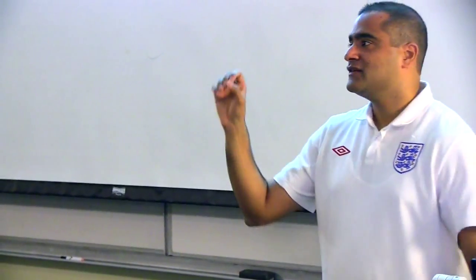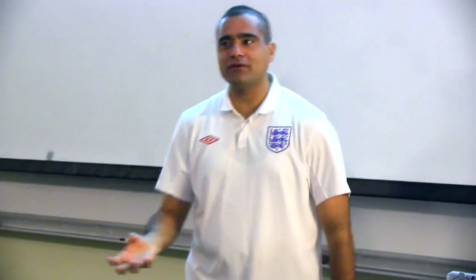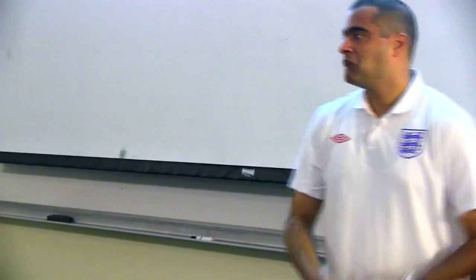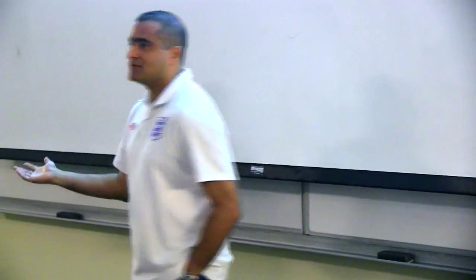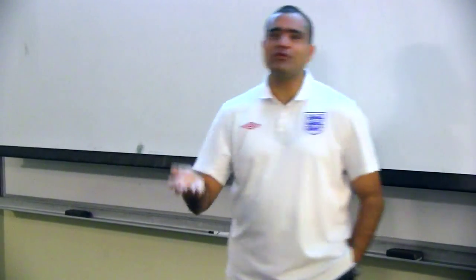So that prompts the question, if the minute you measure it, it collapses into a value, what is the point of this in the first place? It's just like having a classical register, isn't it? So what is the point?